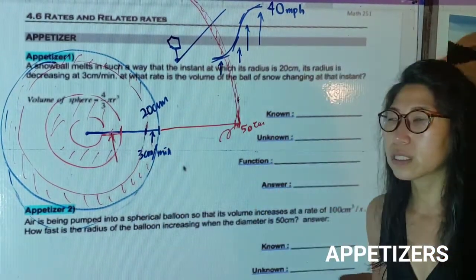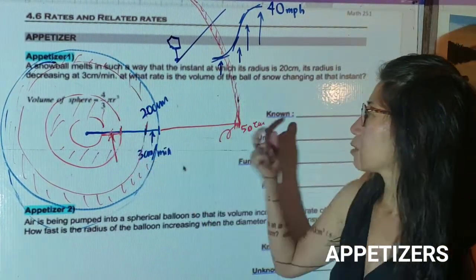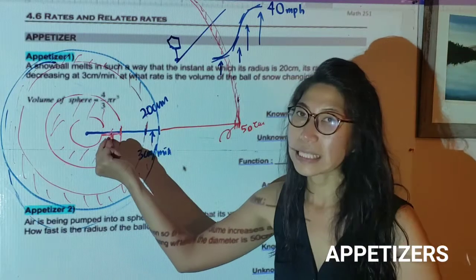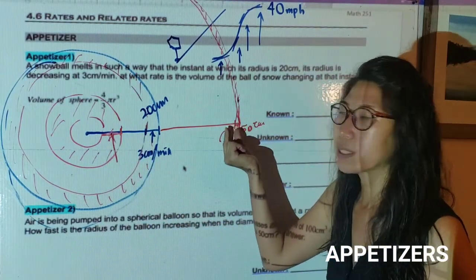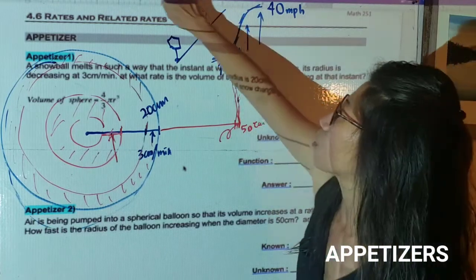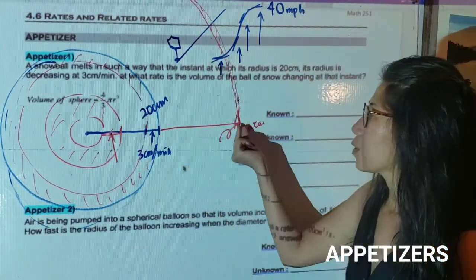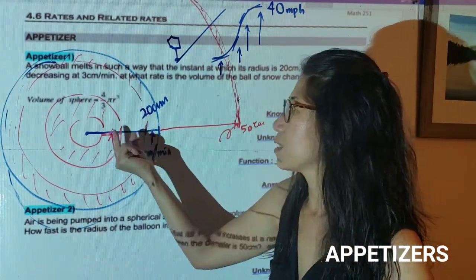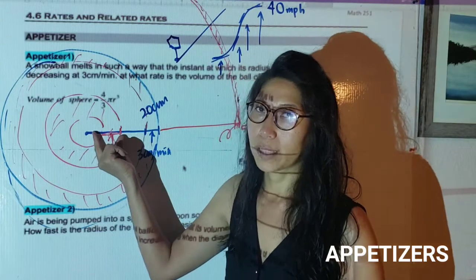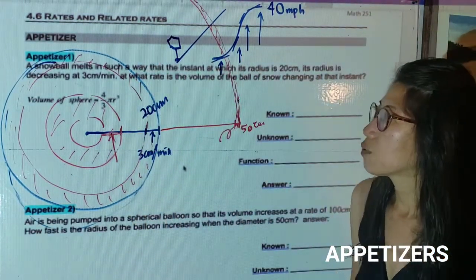Each time, the volume melting is the same whether the radius is 50, 20, or 10 centimeters. But the radius decreasing is different, because the volume is the same but the radius is different. This one will be relatively smaller than 3 centimeters per minute, and that one is even bigger than 3 centimeters per minute. I want you to understand why we have to study related rates.